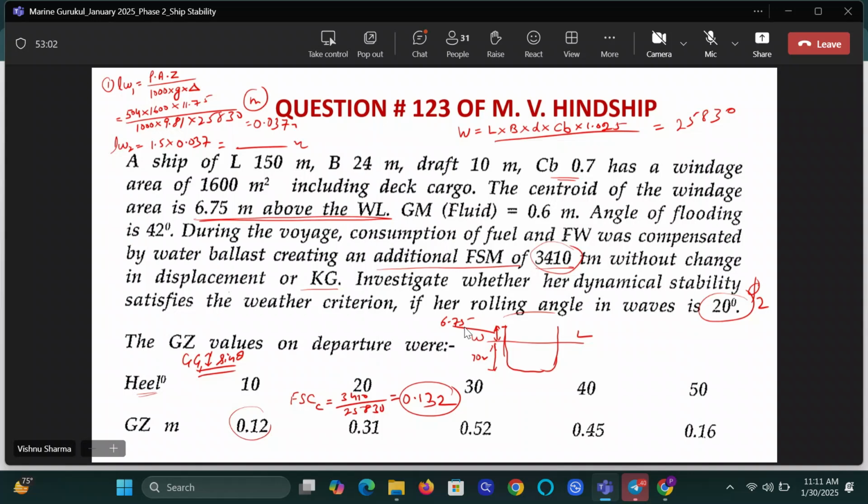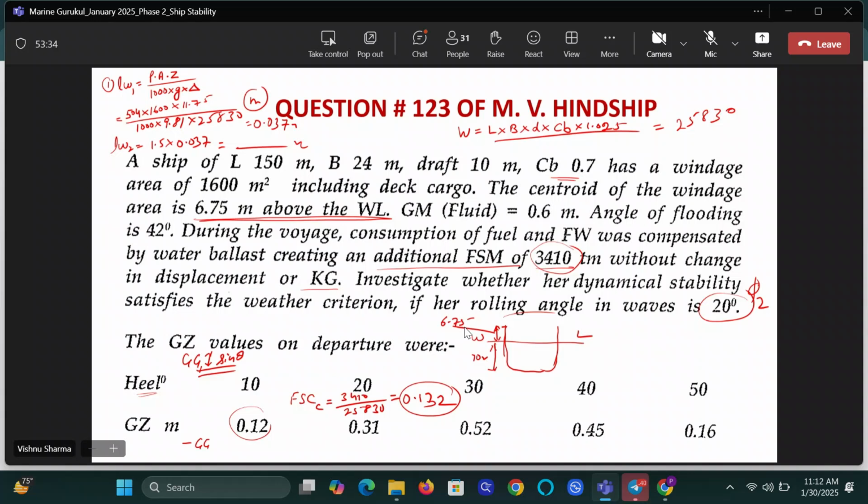Recall the diagram which I told you, some of you may have done phase one with me. It reduces. So if you apply minus GG1 sine theta, you'll get the corrected GZ, which will have to be plotted.